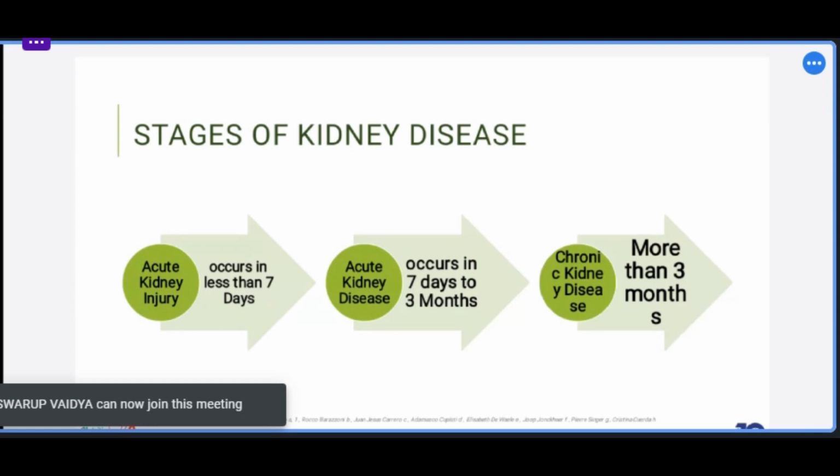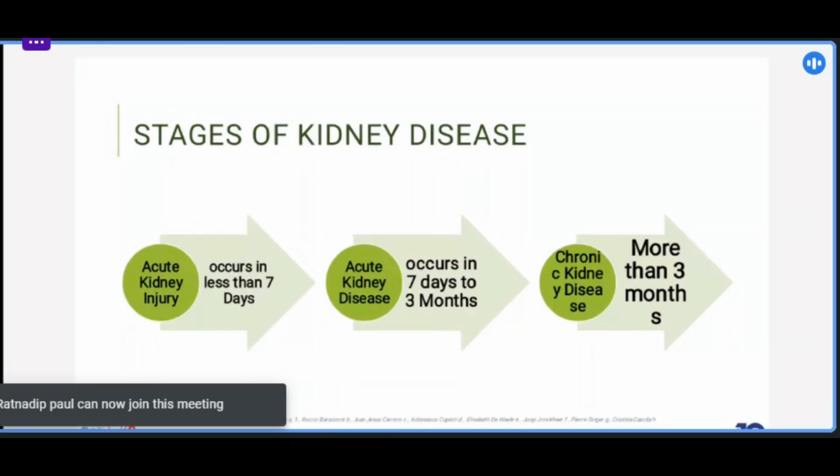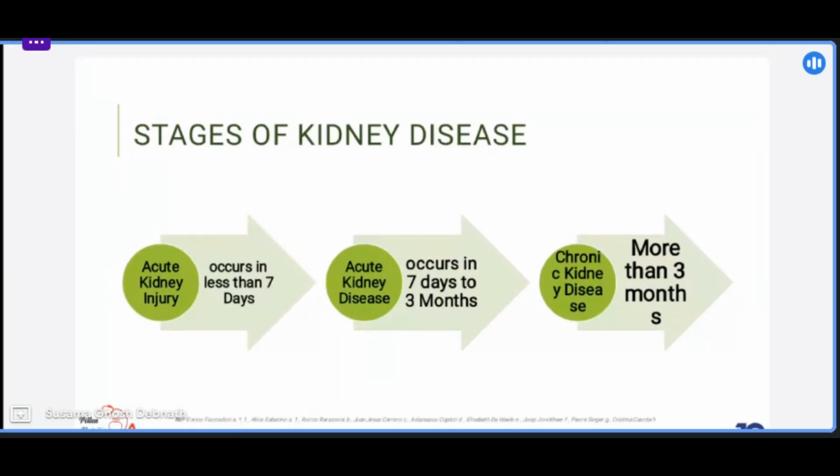As you all know, the kidney is an excretory organ for nitrogen metabolism end products like urea. Urea we get from dietary protein. After protein metabolism, urea is there in our blood, and our kidney helps to eliminate that from our body. This is the excretory function.